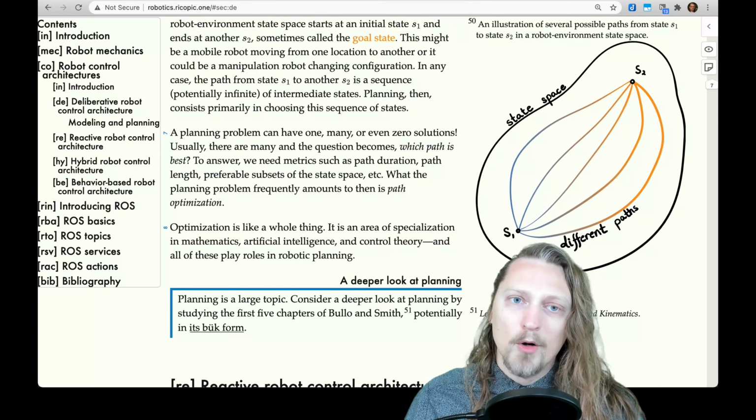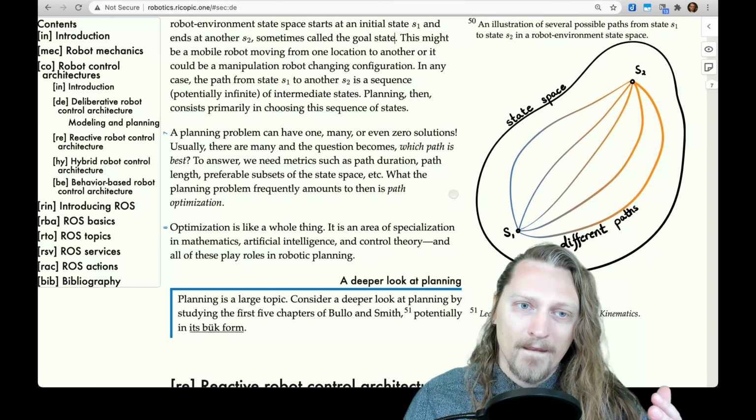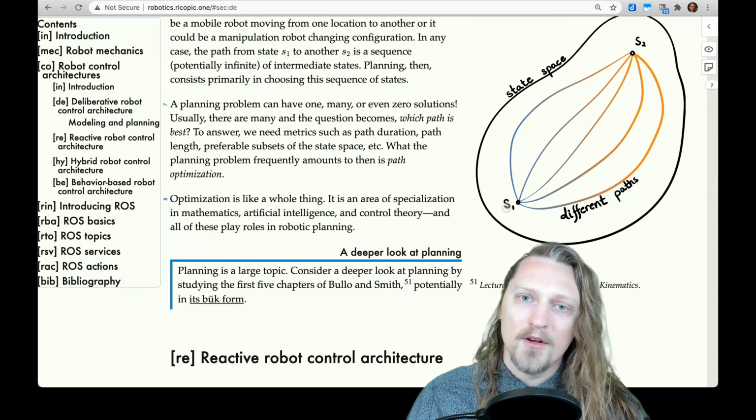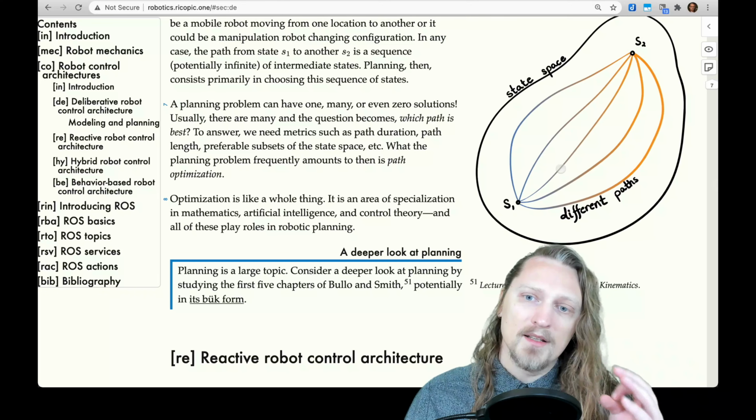This might be a mobile robot moving from one location to another, or it could be a manipulation robot changing configuration. In any case, the path from state S1 to another S2 is a sequence, potentially infinite, of intermediate states.